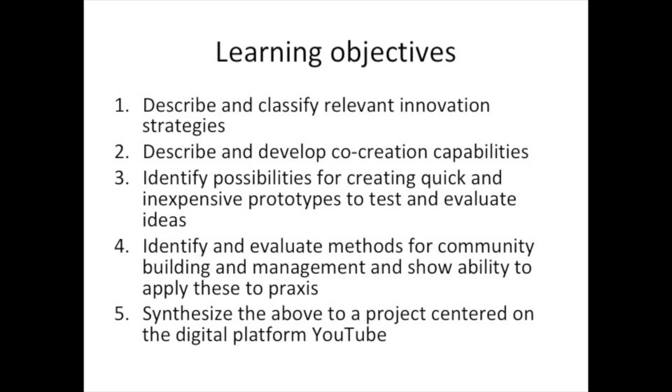Whereas in objective 2 you can see it also says develop co-creating capabilities, and in learning objective 4, it says show ability to apply these in practice. So there you go beyond understanding, and you talk about how you have to write something in your paper that shows that you are able to apply the theory in practice.